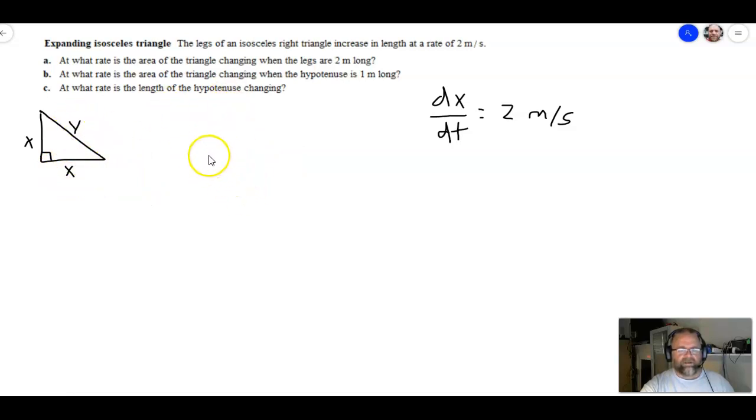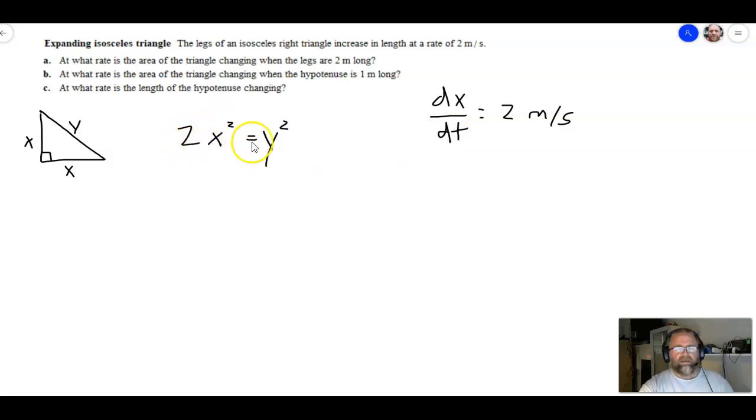That's the Pythagorean theorem. So we're going to get 2x squared is equal to y squared, because it's x squared plus x squared is equal to y squared. And we want to be able to use this dx over dt, which we can do by doing implicit differentiation with respect to t.